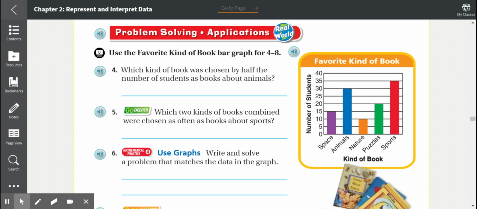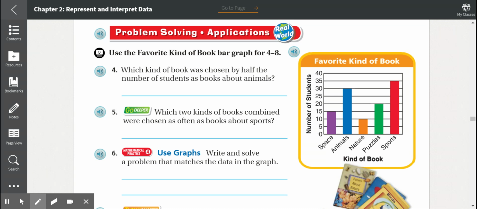All right, let's read the title of the bar graph before we start. I just like to read the bar graph before we even start. This is a vertical bar graph because the bars are going up. The title of the bar graph is Favorite Kind of Book. On the side, we have the number of students. On the bottom, we have the different options: space, animals, nature, puzzles, and sports.